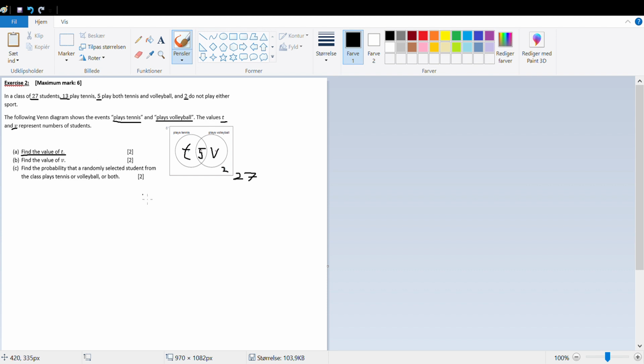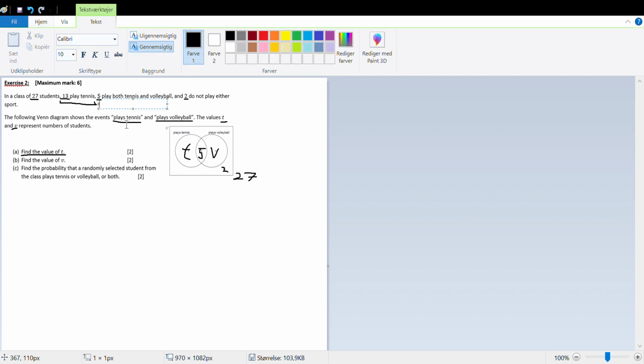A lot of people made a bit of a mistake here, because when you read this, 13 play tennis, and you see this diagram, and you see a T here for plays tennis, you think, okay, well, that must mean that we simply put 13 in here, but that's not actually how it works. What you actually have to remember is 13 play tennis, but that's not exclusive.